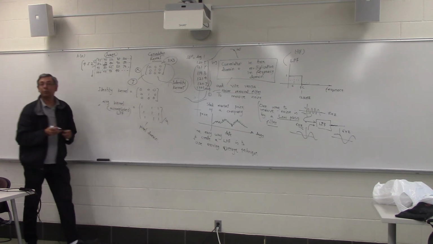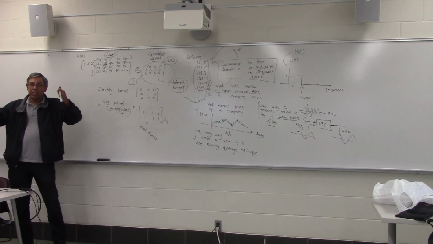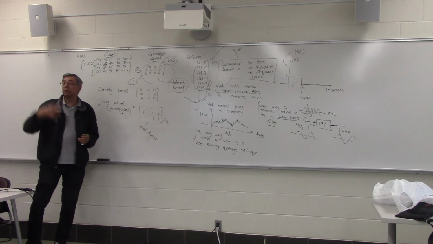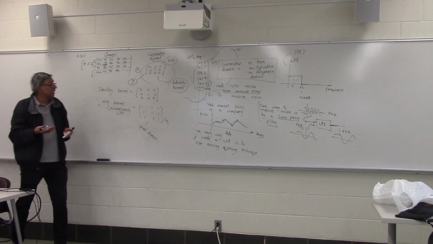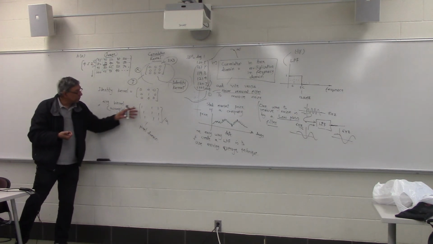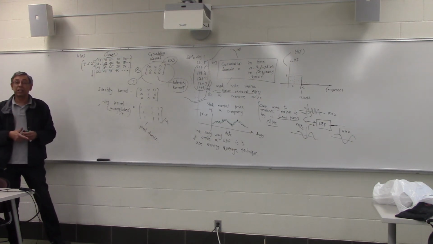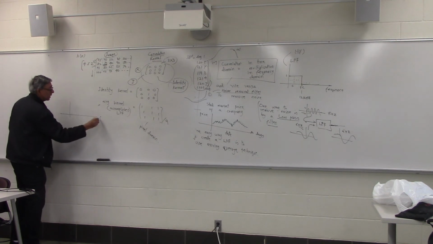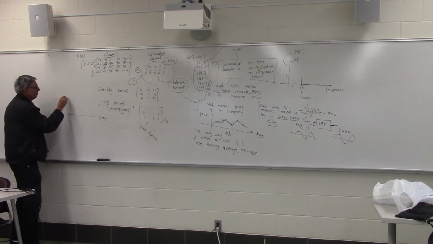Sometimes what we do, just like if somebody gave you a signal in the time domain, is we try to visualize it in the frequency domain to see what the frequency content of it is. So very similarly, if I try to visualize this particular filter in the frequency domain, what would it look like if this is frequency and this is the amplitude?